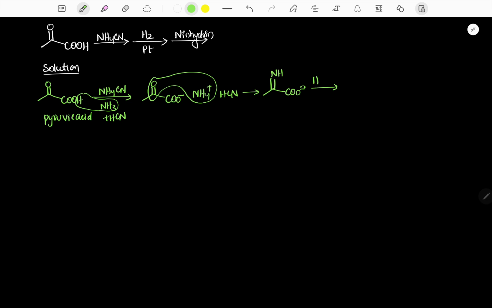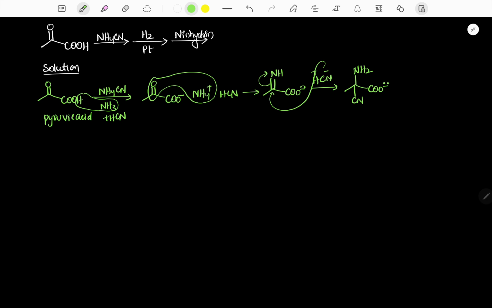This imine reacts with HCN, H plus and CN minus, so nucleophilic addition. Finally the corresponding product is COO minus, NH2 and CN. It is our final product.